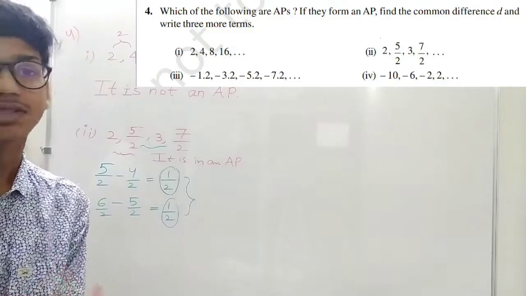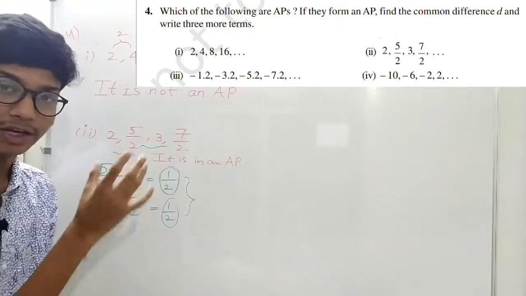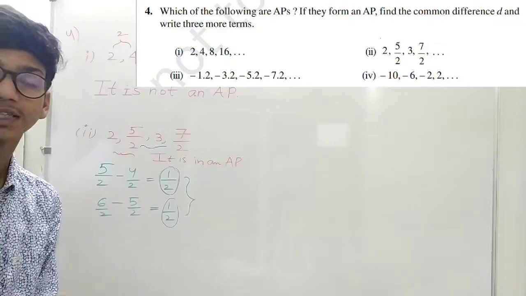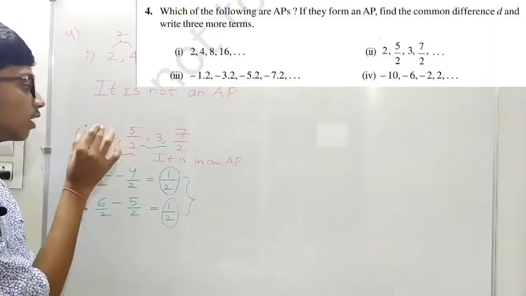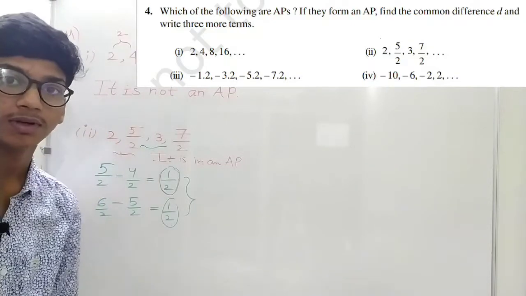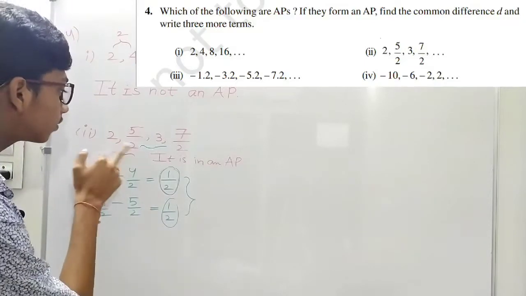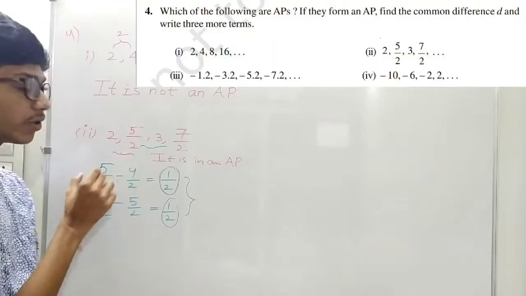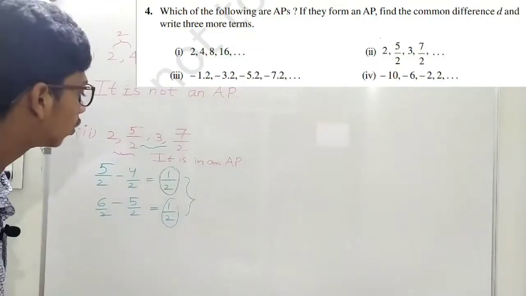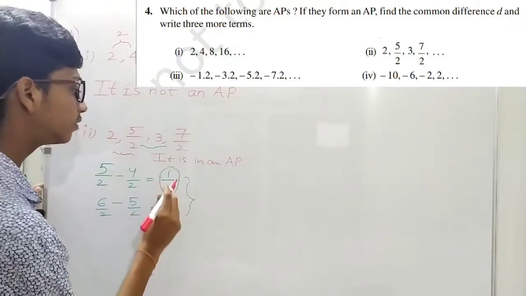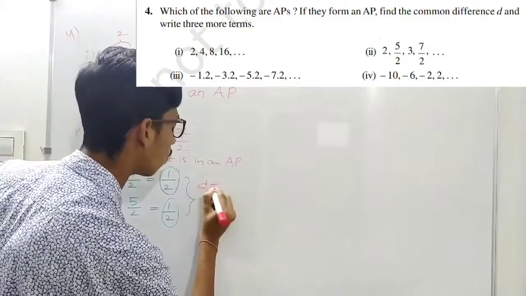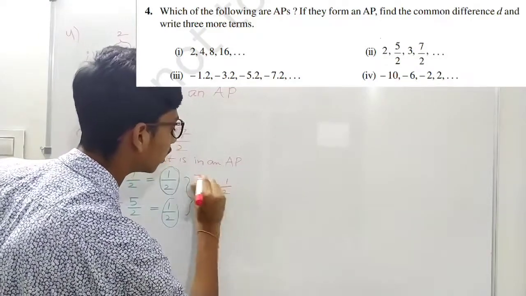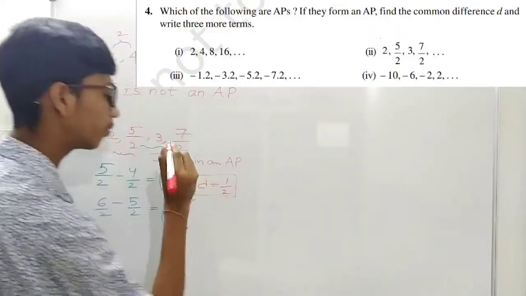The common difference is the difference between any two consecutive numbers, that is, successive term minus preceding term. According to AP, every common difference should be a fixed value. So here the common difference is D equal to 1 by 2.